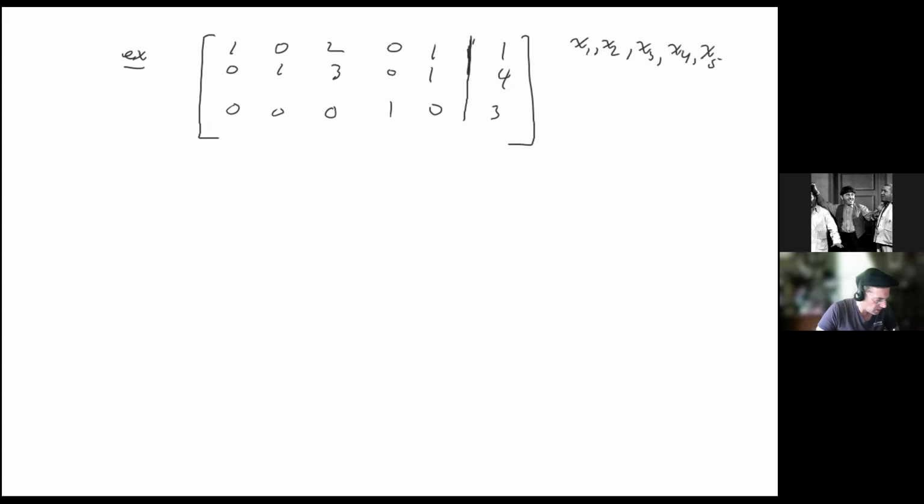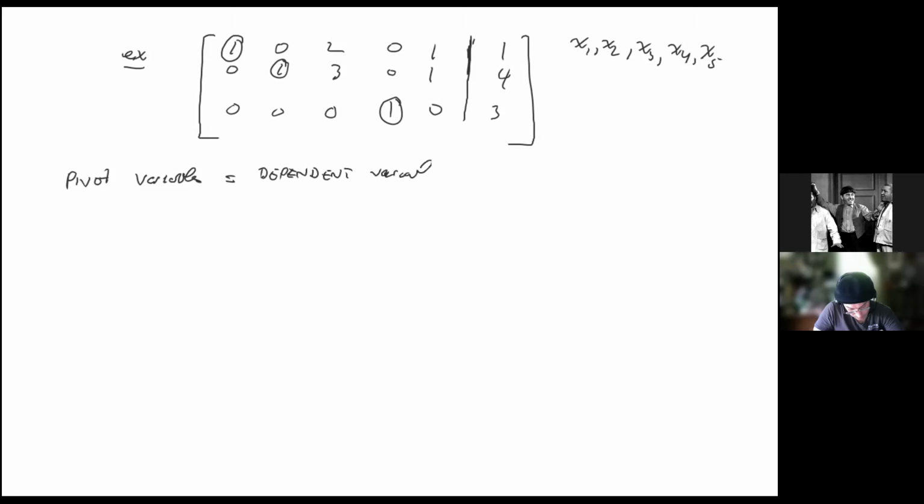Okay, and let's circle the pivots. This is already in reduced echelon form. There are 3 pivots. Here they are circled, and the pivot variables, which are the same as the dependent ones, are x1, x2, and x4.